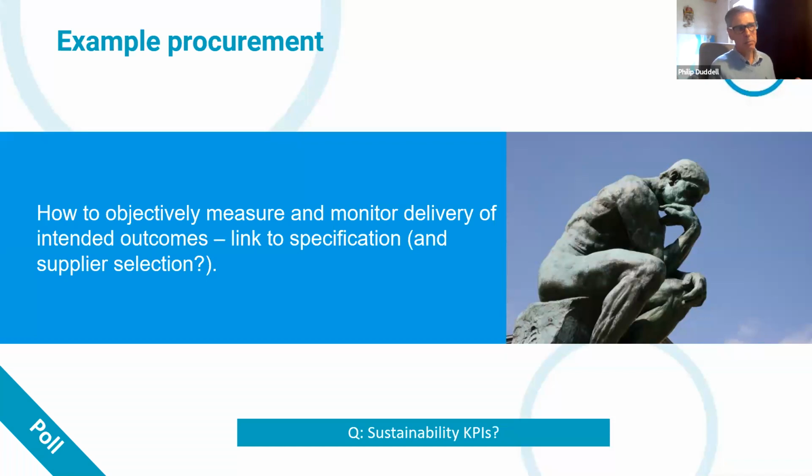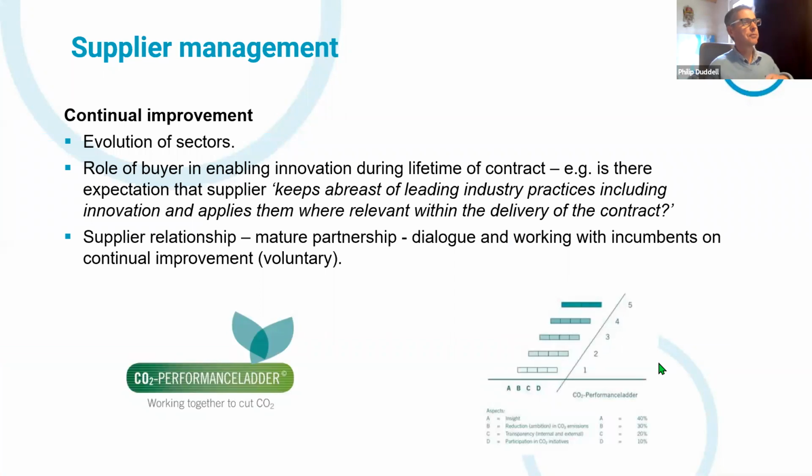So the implication perhaps from that response is that there's a mixed approach. Okay, thanks very much for that. Just quickly, in the interest of time, I'd mentioned continual improvement.